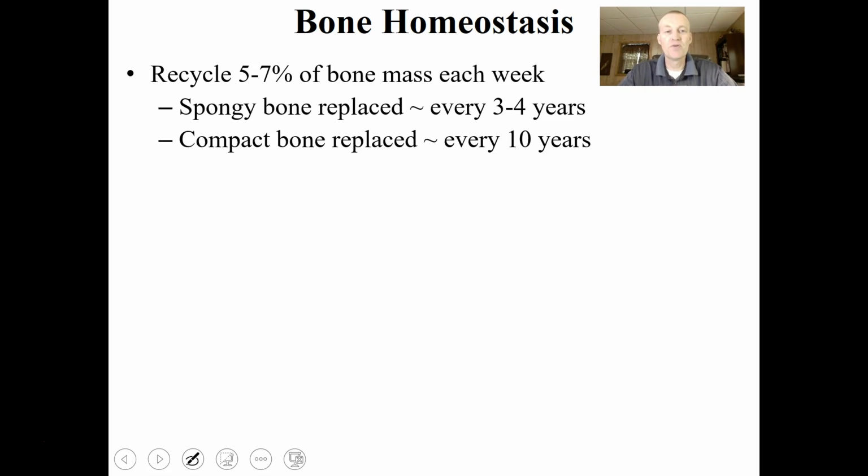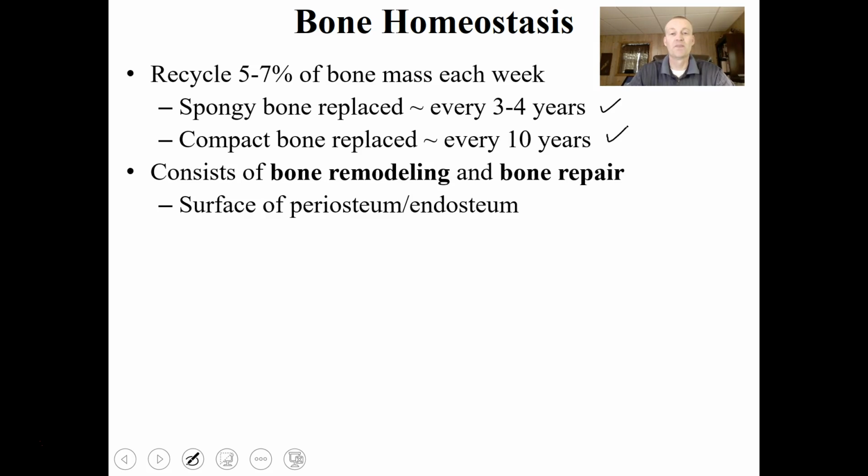In regards to bone homeostasis, 5 to 7% of the bone mass is recycled each week. If you look at spongy bone, it's replaced completely every 3 to 4 years, and compact bone is replaced every 10 years. So your skeleton is completely remodeling and being reconstructed all the time.